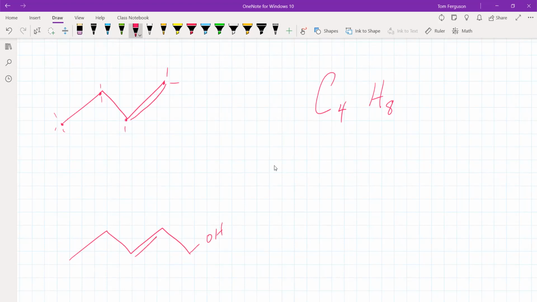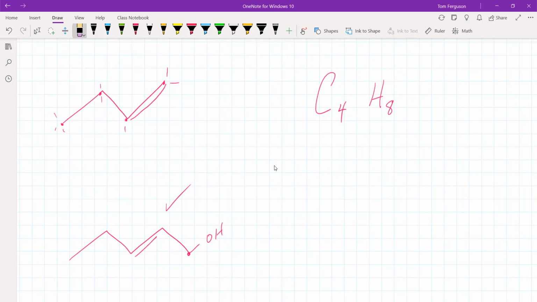So whenever you put one of these on, don't just extend the line. Either do it like that or like that, and not like that. You want to make sure you have a kink in there to represent that carbon. This has no kink over here, so you don't know there's a carbon there. Okay?